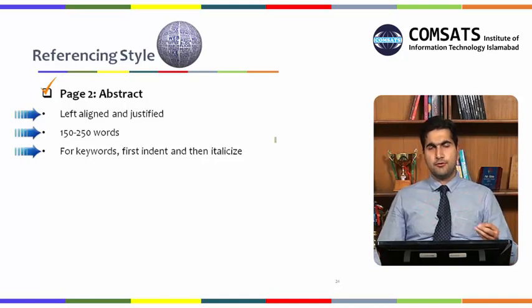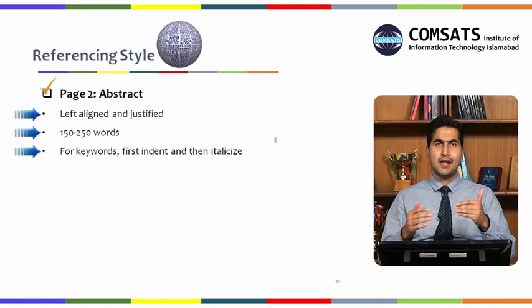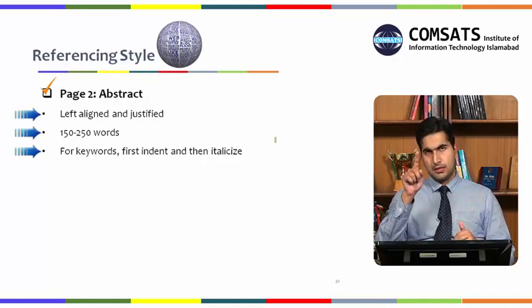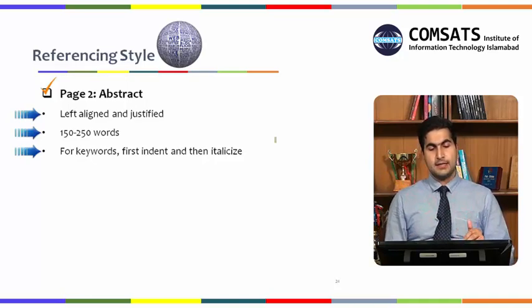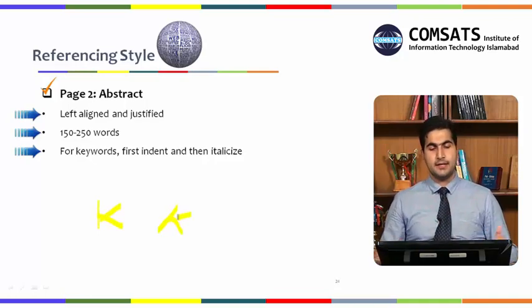In case of writing keywords, first indent and then italicize the word itself. If you have to write the keywords of your research at the bottom of your abstract, first you tab or simply indent, then click on italics and type the word keywords, so that the word itself is in italics, tilted.